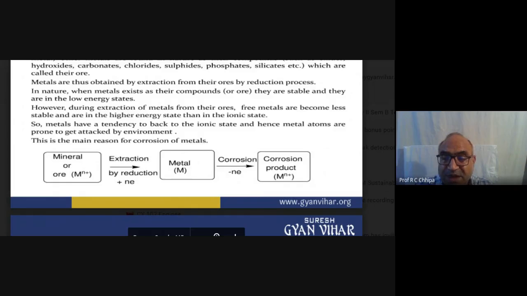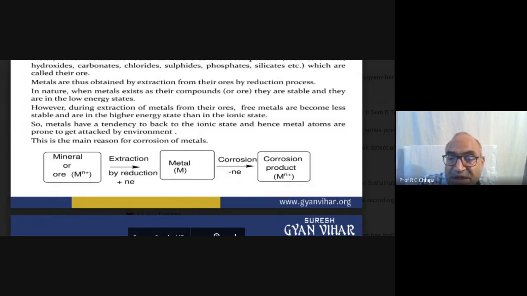However, in case of iron content, we can see the corrosion in the form of iron oxide. Here stainless steel contains other elements. And what are those other elements or metals? For example, carbon and silicon are added into the iron. That is very simple plain carbon steel.